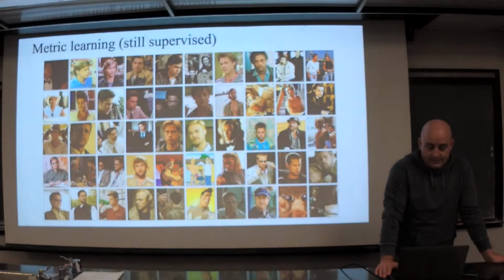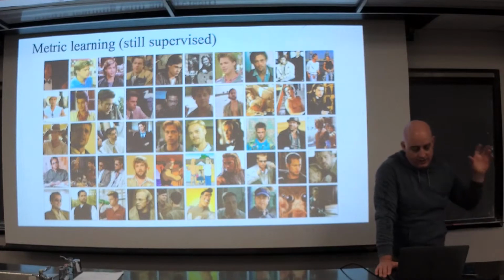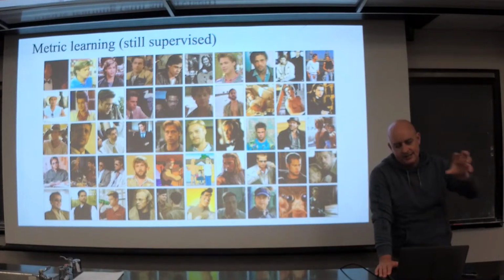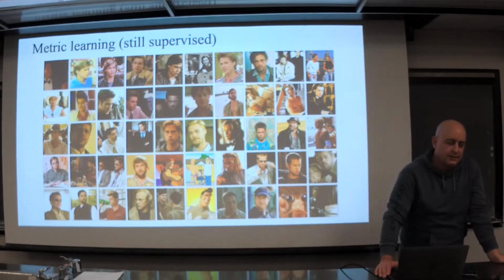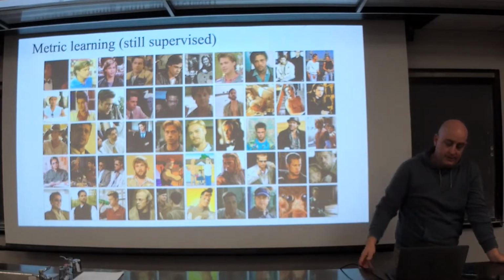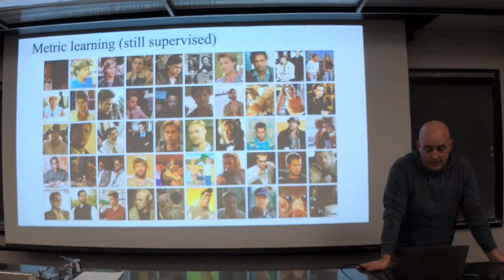All right, so contrastive learning. We're going to start with an older supervised idea for contrastive learning, then we're going to get into self-supervised, so this falls under the unsupervised umbrella.